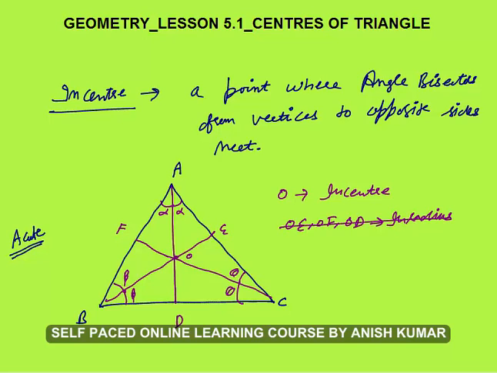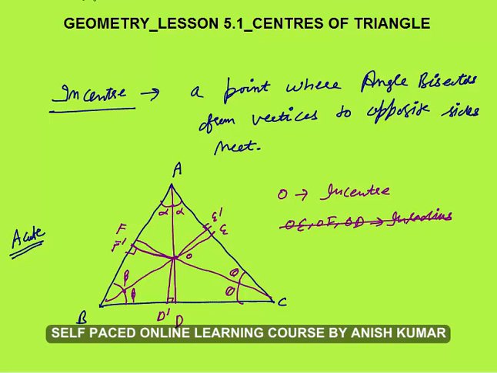No, they are not. For inradius, we have to make them perpendicular. OD is not perpendicular. Let's say this OD dash is perpendicular, I have drawn. Same way OE dash is perpendicular, and OF dash, I am making perpendicular.